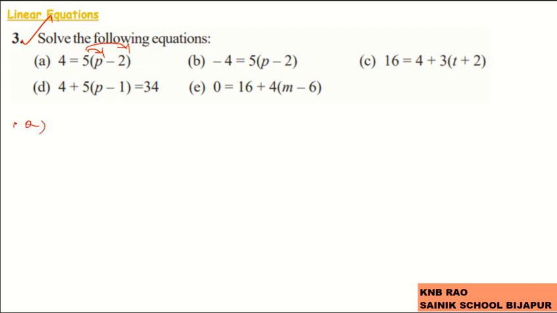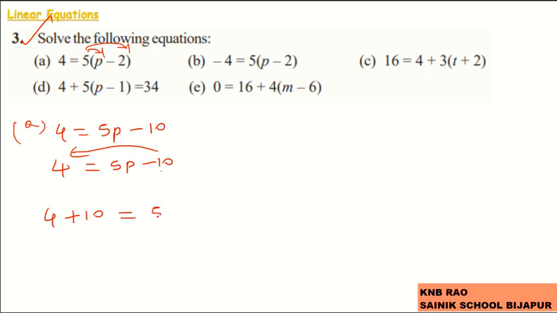In the case of A, 4 equals 5 into (P minus 2). 5 2s are 10. Positive into negative gives you negative, so 4 equals 5P minus 10. This subtrahend transposed gives addition. So 4 plus 10 equals 5P, 14 equals 5P, and 5, which is multiplying, when transposed becomes the divisor.